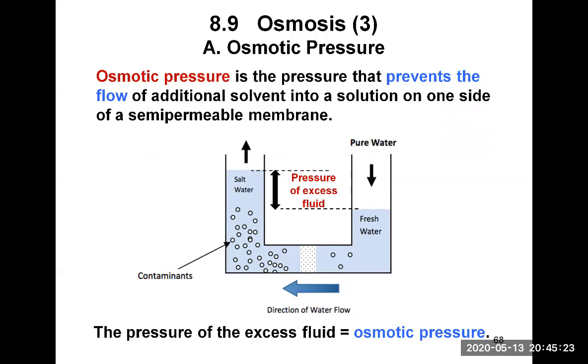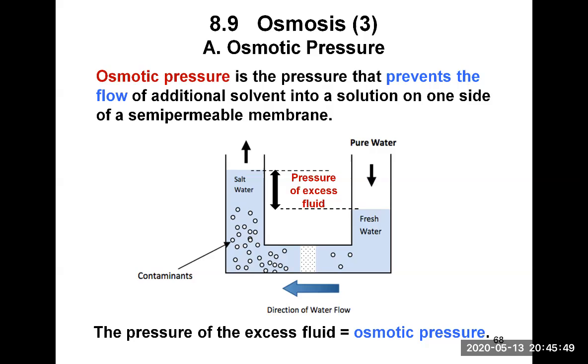So you now have a difference between the two levels of liquid. This difference means that the excess fluid is pushed down by gravity, and that force of pushing down is called the pressure.